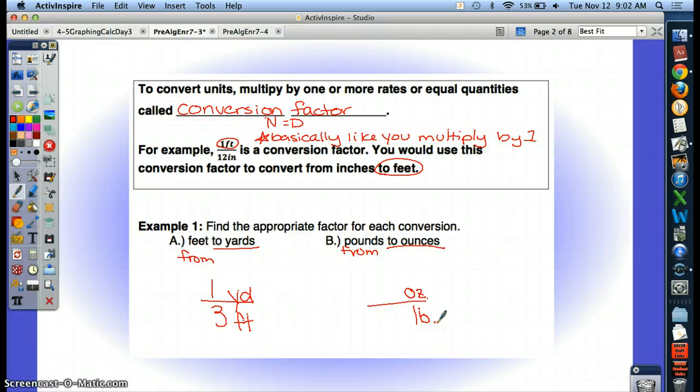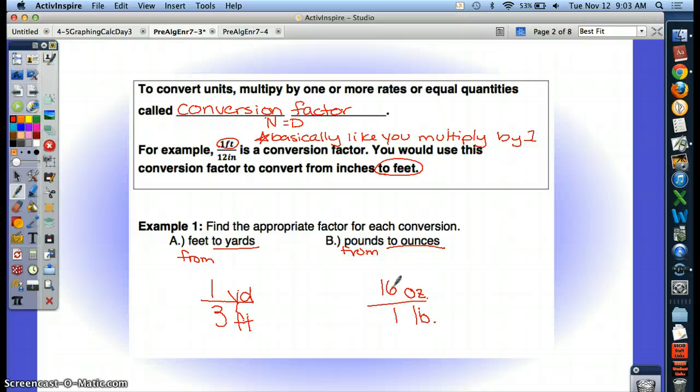Typically, in a conversion factor, you want one of the quantities to be 1 and the other one to be whatever it needs to be equal. So 1 pound is equal to how many ounces? 16 ounces. What you want to end up with goes on top when you're finding those conversion factors, okay?